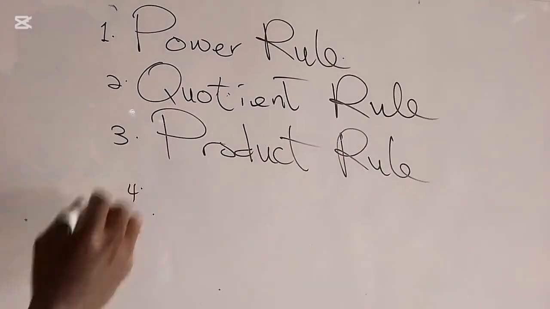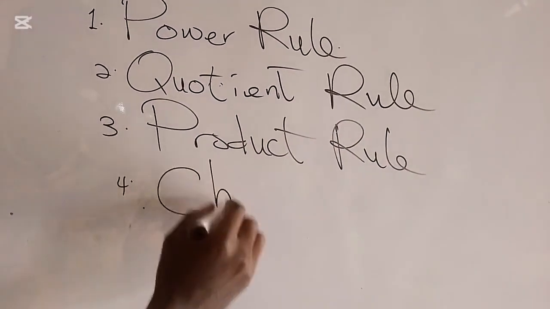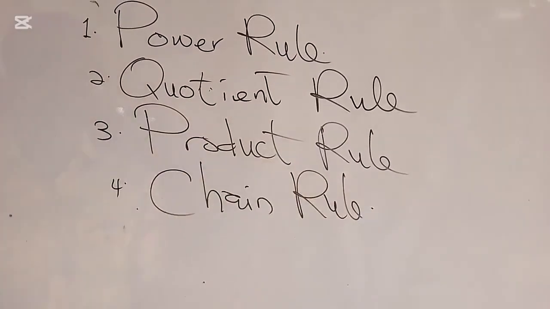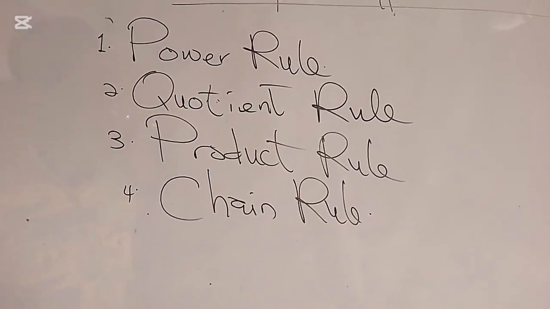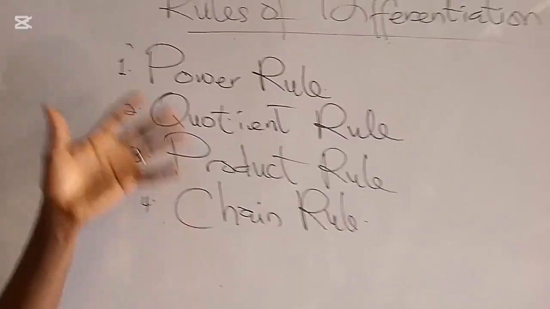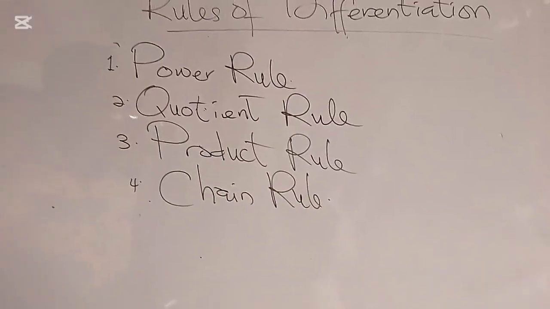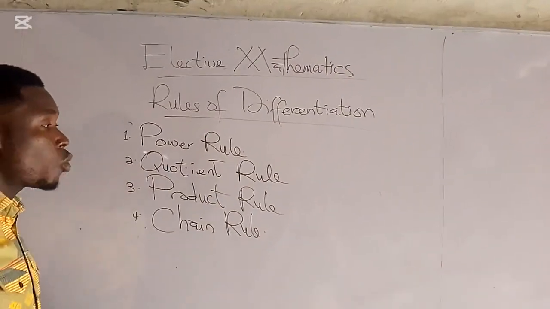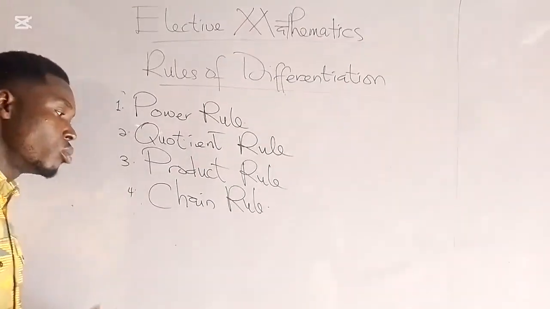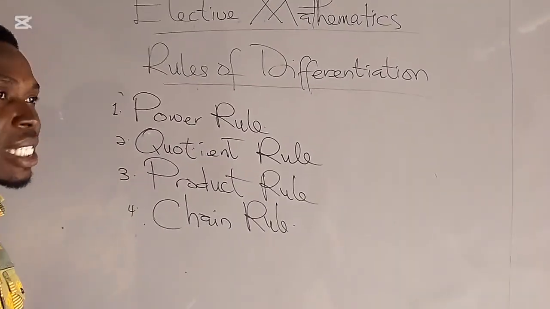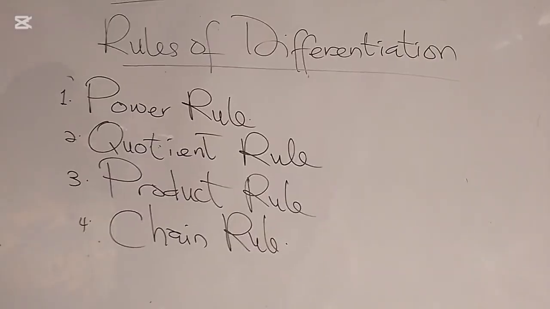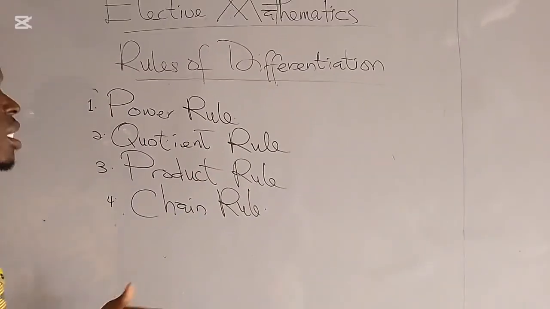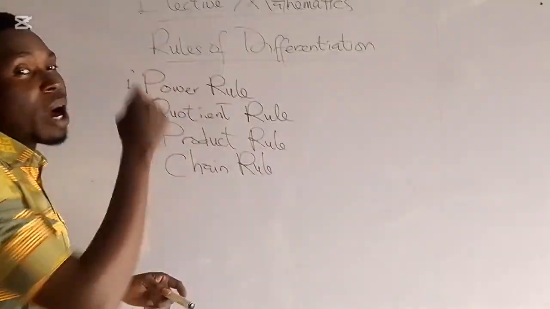Then we also have the fourth rule, which is the chain rule. So these are the rules that we'll be talking about in our lesson. So we have the power rule being the first one, then the quotient rule, product rule, and then the chain rule. So come with me, let's dive deep into solving questions involving the power rule.